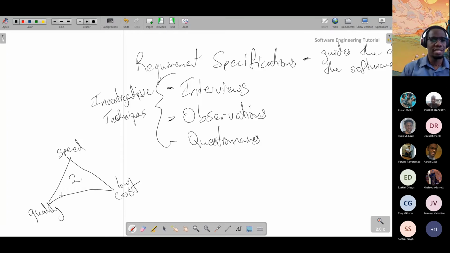And so if you want the software done quickly, you're going to actually have to either invest more or sacrifice quality.